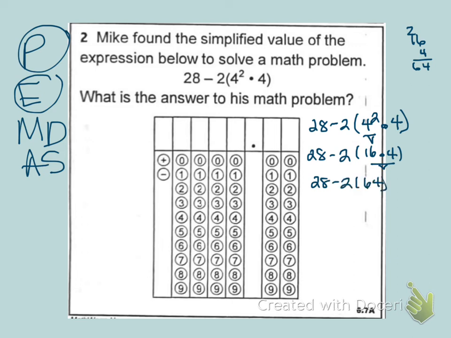Okay. And then your next step is to multiply because that's what comes next in our PEMDAS. So 64 times 2 is 128. So we have 28 minus 128. And then your last step is to subtract. One is positive and one is negative.